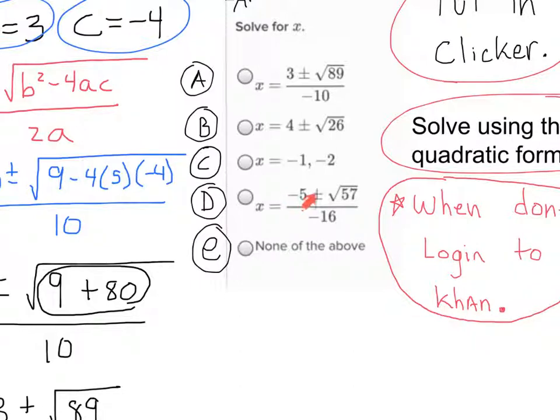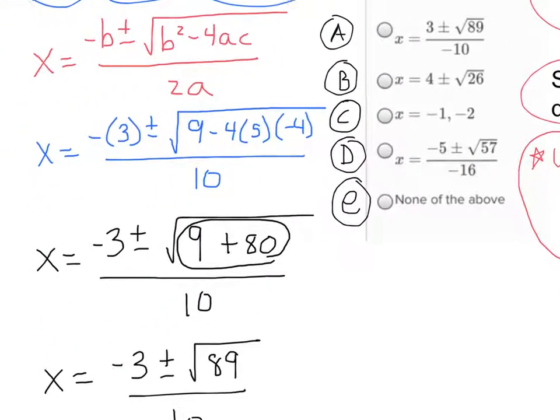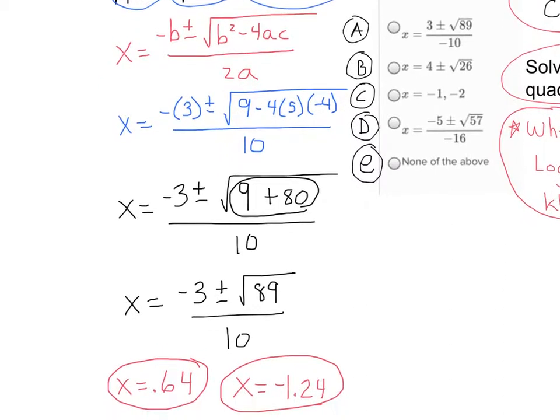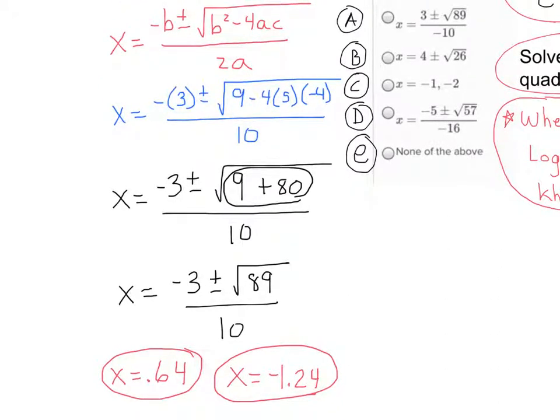Negative 5 plus the square root of 57, and press enter, and then divide by negative 16, and tell me what decimal you get. What is it? Say it. Negative 0.15. And negative 0.15 is not either of these, is it? And so we know the answer is not D.